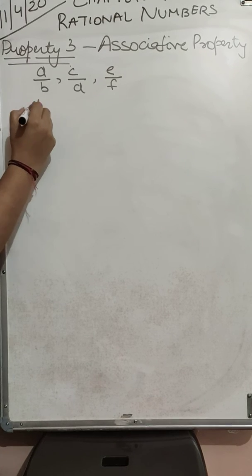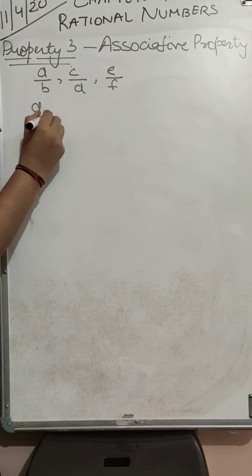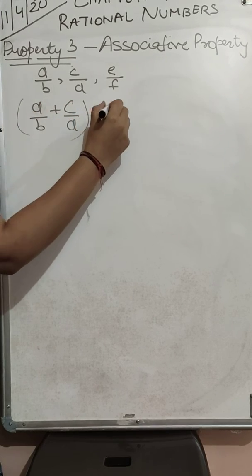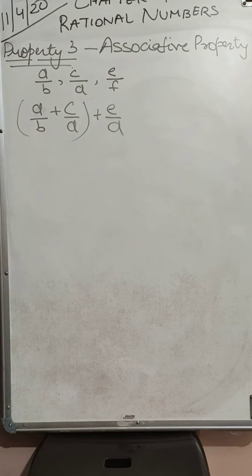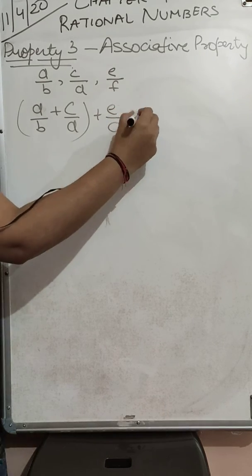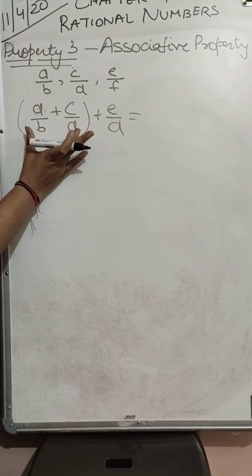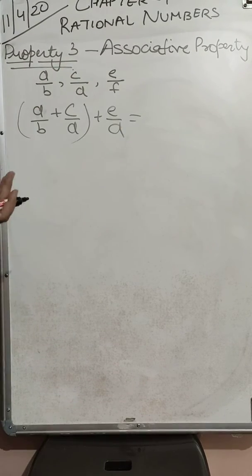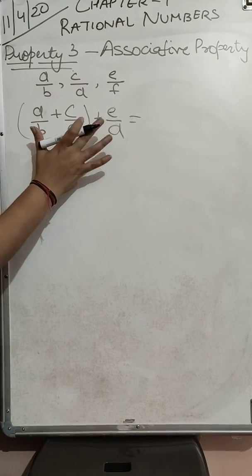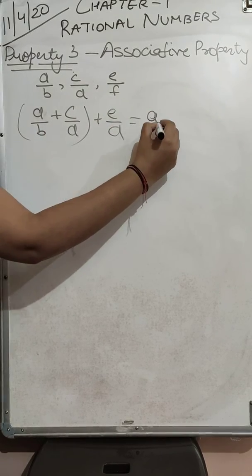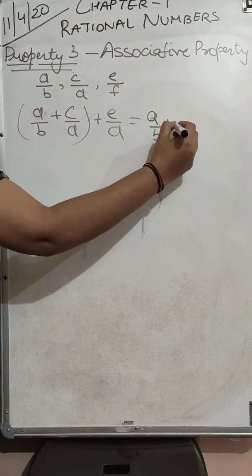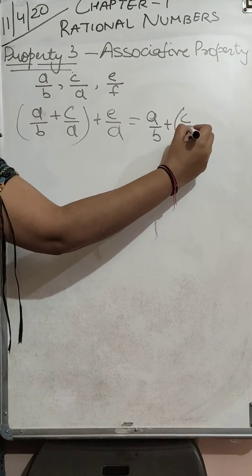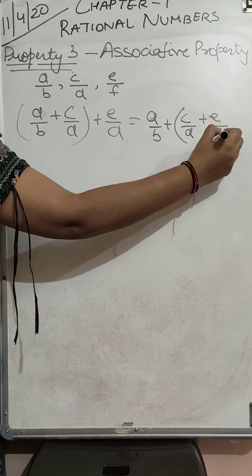A upon B plus C upon D, and then plus E upon F, will be equal to, now here we have added the first two terms and the third afterwards. Now this will be equal to A upon B plus, in the bracket, the second and third terms, C upon D plus E upon F.